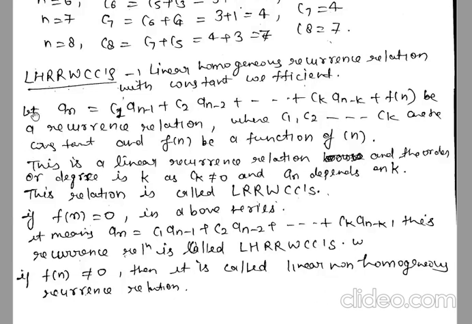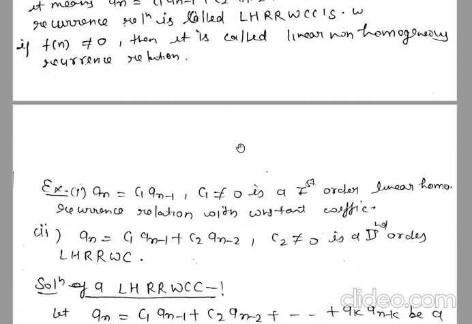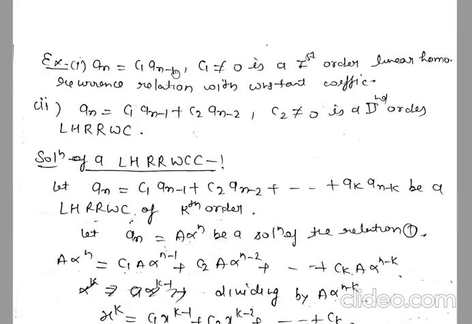So if you just learn this series, you can define your linear recurrence relation and also the linear homogeneous recurrence relation with constant coefficient. Now there is an example here. An is equal to C1 An minus 1. So our last term is C1 here.